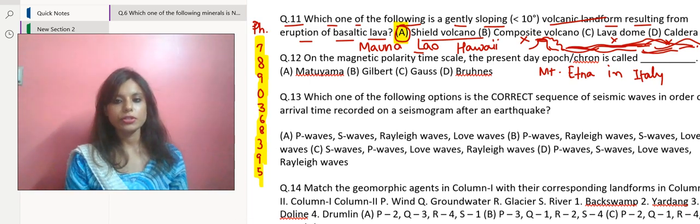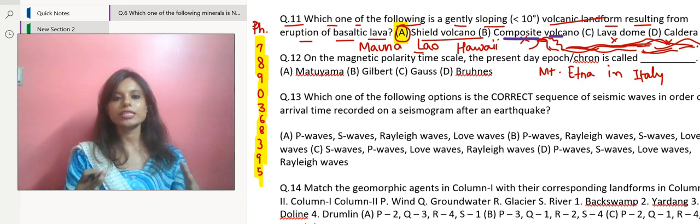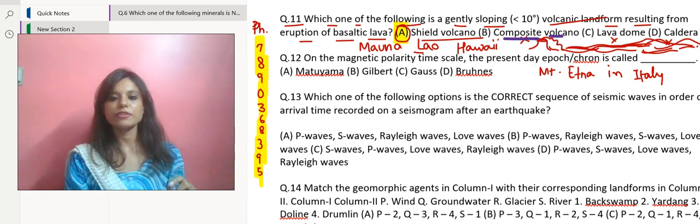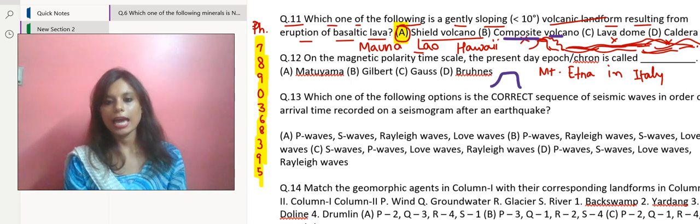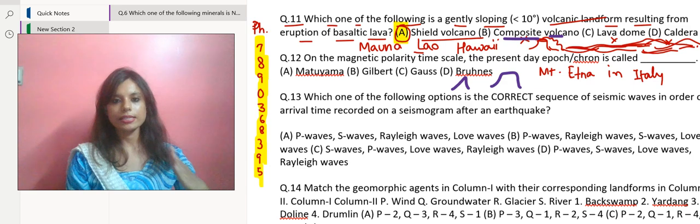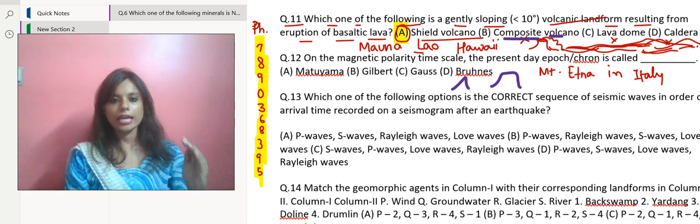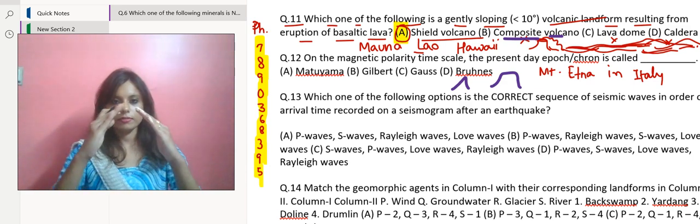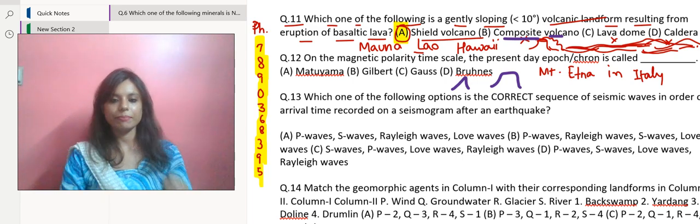Now the other options, why aren't they correct? Let's start with the composite volcano. The composite volcano is actually a stratovolcano, and these have steep sides. Now there is a difference between lofty and steep. Steep means absolutely steep, straight, and lofty means there is a curve, like it's not that much steep.